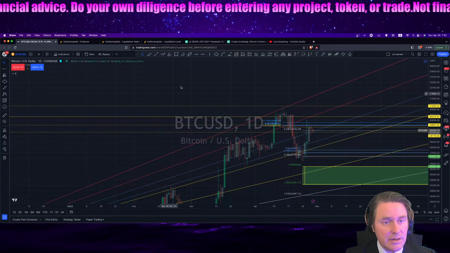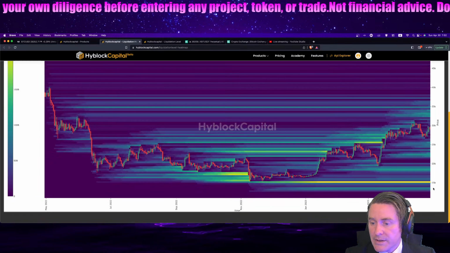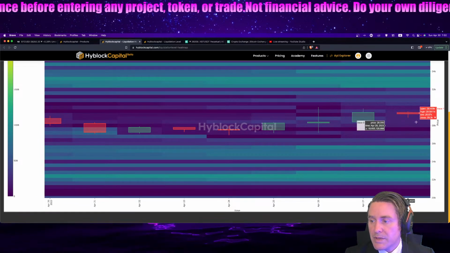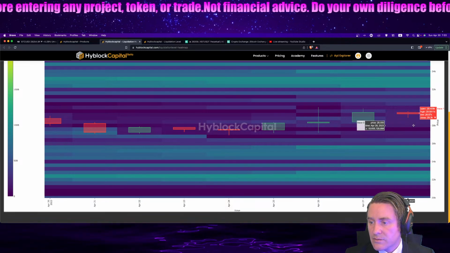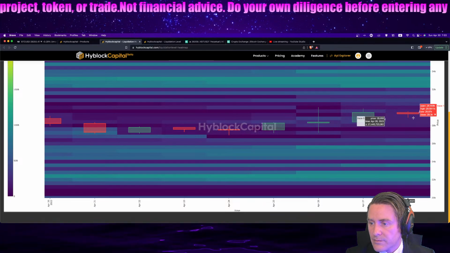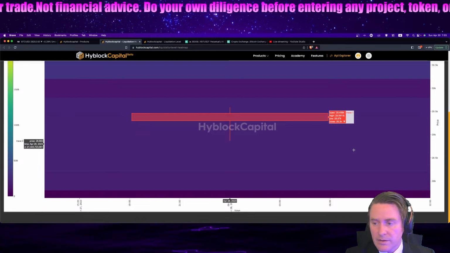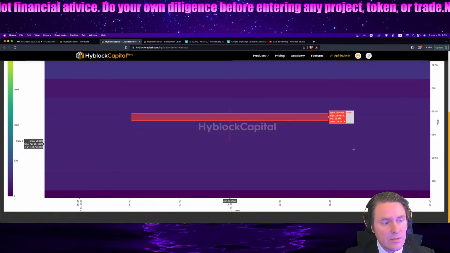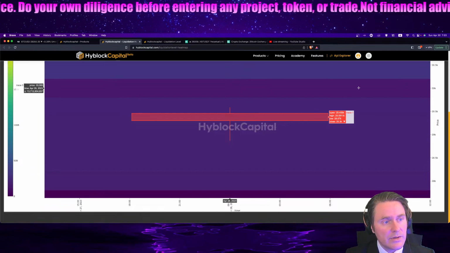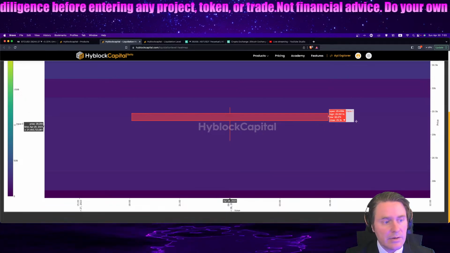Let's see. Is it loading? Where is it? There we go. So the yearly time frame, a bit pixelated here, so let's just zoom in on the immediate one. So we got 21 billion at 28.8 and 13 billion at 29.6.